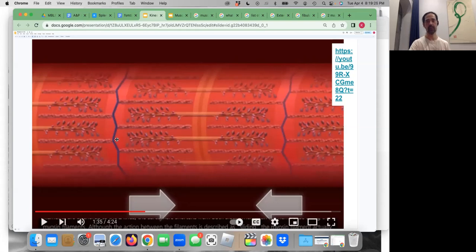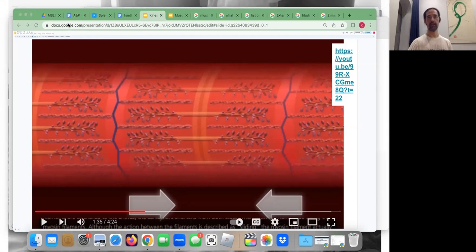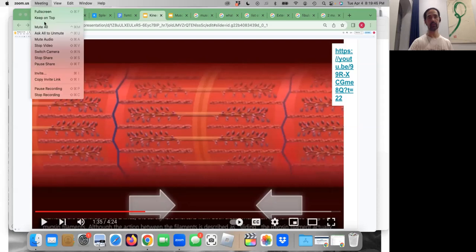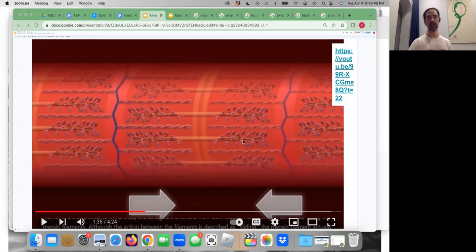A sarcomere, this whole thing is a sarcomere, from this Z-shaped line, it's called the Z line, to the next Z line is a sarcomere. And sarcomeres are stacked end to end, joined end to end like the cars of a train, or like cars in traffic.